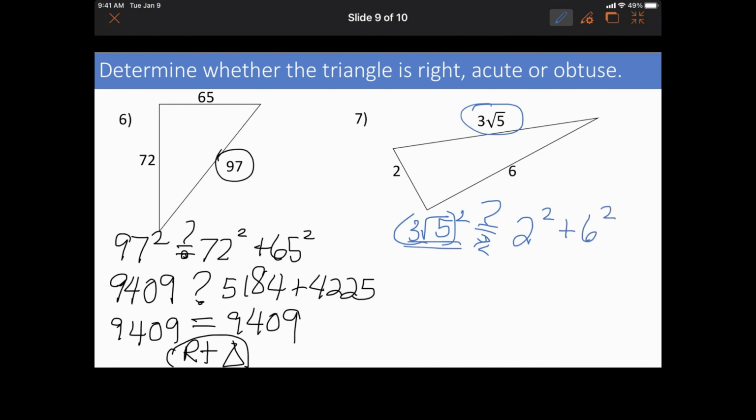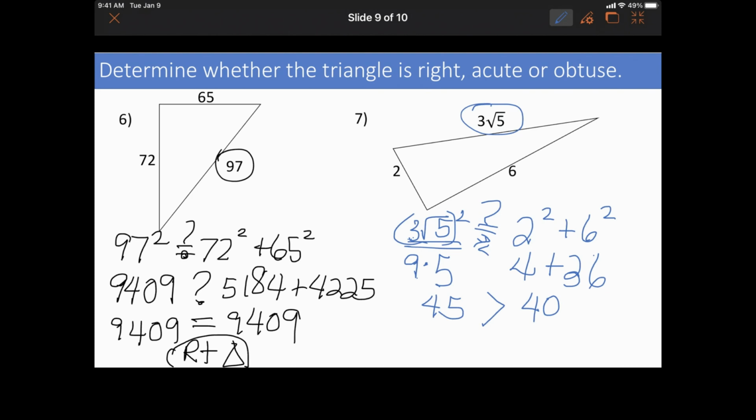So remember, this is going to be 9, right, 3 squared is 9. Square root of 5 squared is 5. This is going to be 4 plus 36. So this is 45, and this is 40. All right, so 45 is bigger than 40.